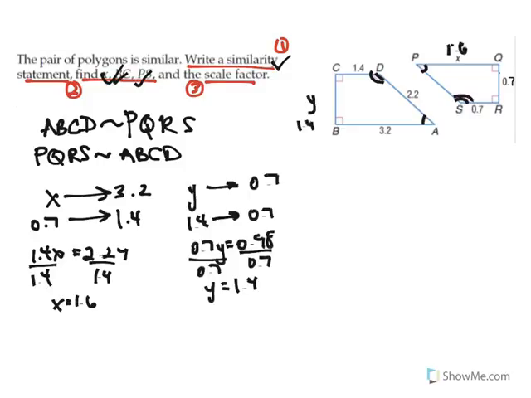Okay, and let's see. So Z is PQ right here, and that's between one angle and the right angle. So the side between one and the right angle over here is 3.2.